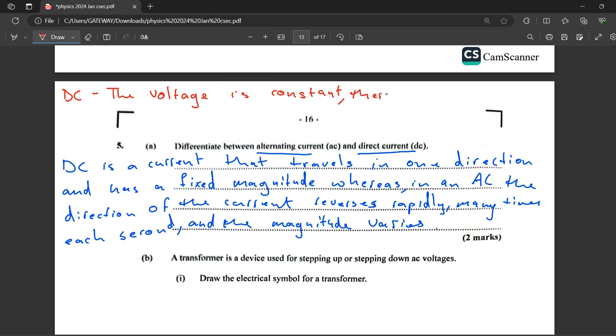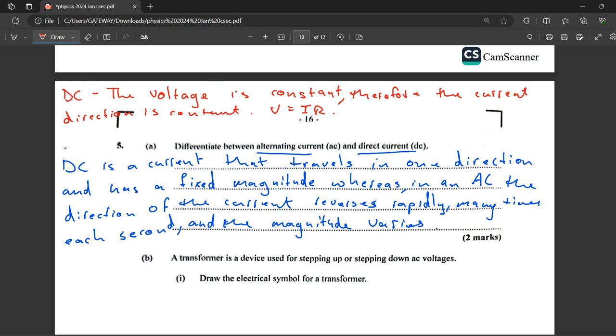Therefore, the current direction is constant, right? Remember, V is equal to I R, right?